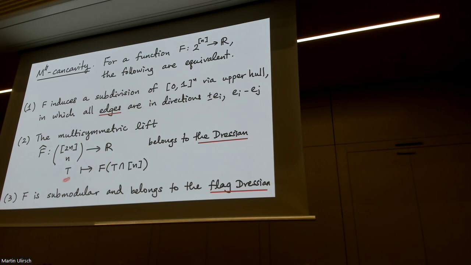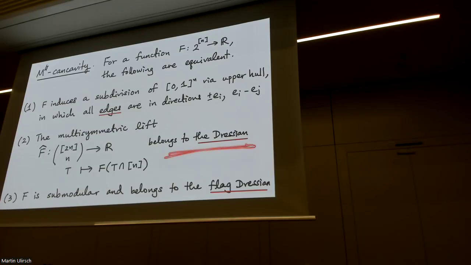I only care about how it meets the first n elements. I don't really care about the last. In other words, I just throw in extra elements to turn it into an n-element subset. So it's kind of like homogenization, right? Right here, all these subsets have different sizes. Now I make them all size n. So I have a function on this bigger set, this multisymmetric lift.